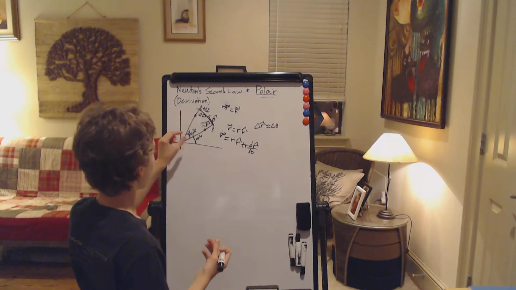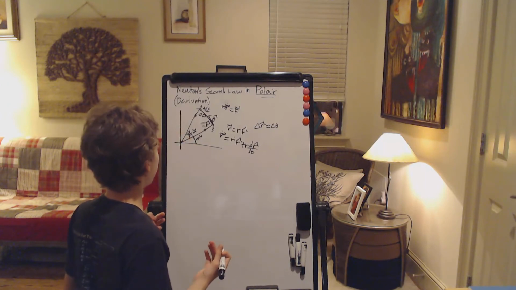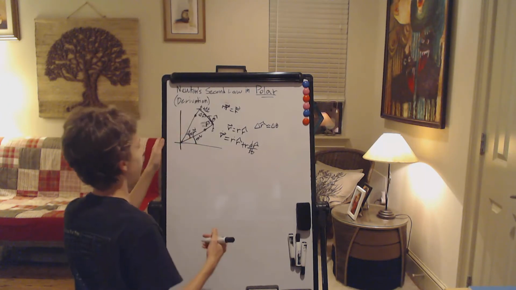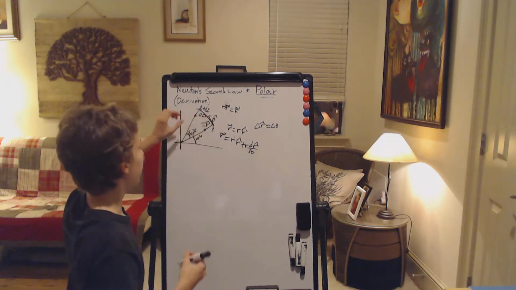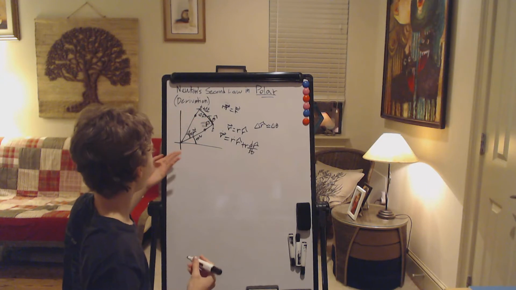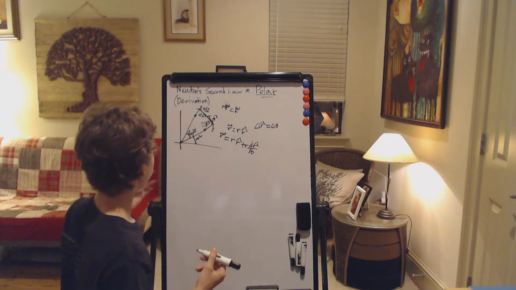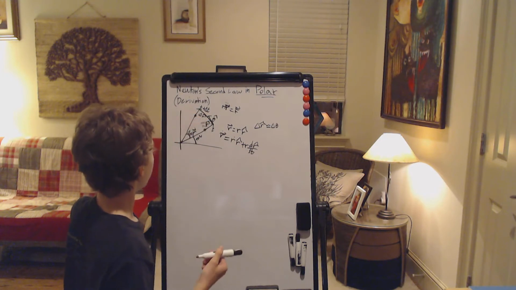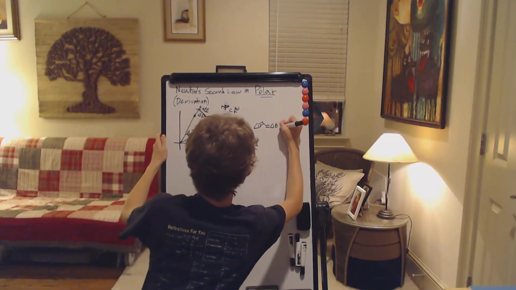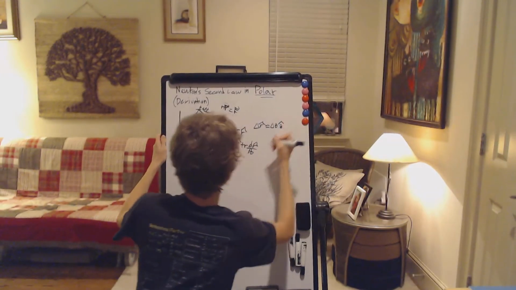This can be approximated by the magnitude of that, but we need our unit vector. If you look at our theta hat, as our delta theta approaches 0, this will become closer and closer to delta r hat. So we'll have theta hat.